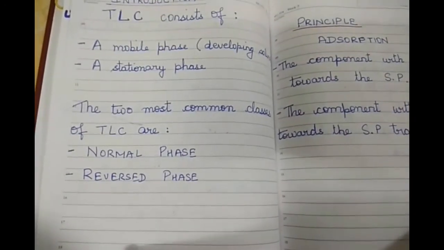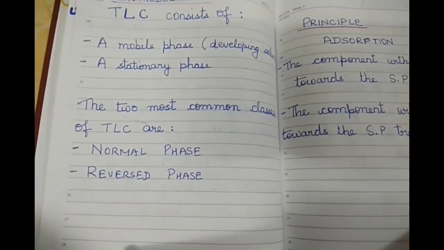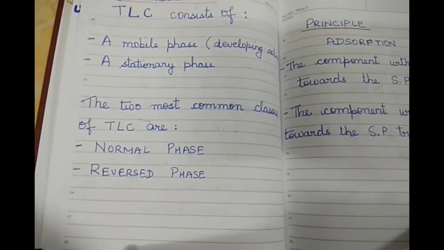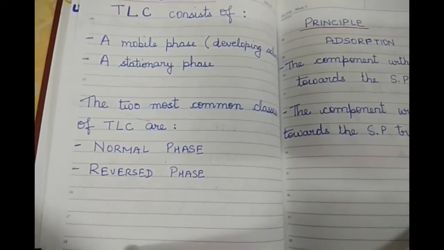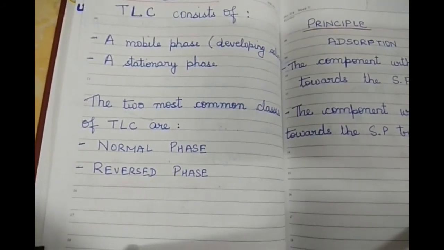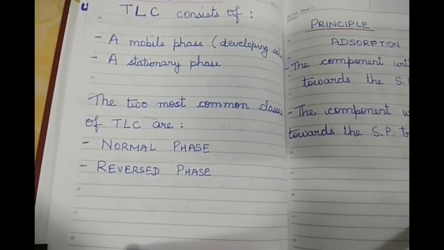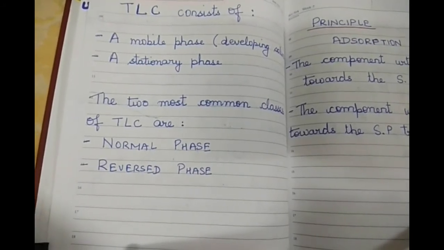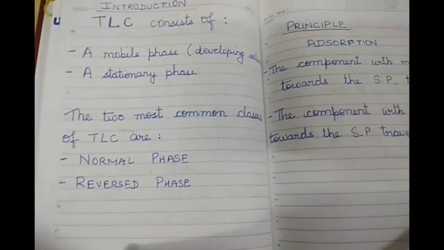Reversed phase is the terminology used when the stationary phase is a silica bonded with an organic substrate such as a long chain aliphatic acid like C18, and the mobile phase is a mixture of water and organic solvent which is more polar than the stationary phase.